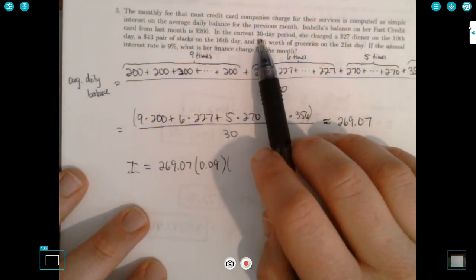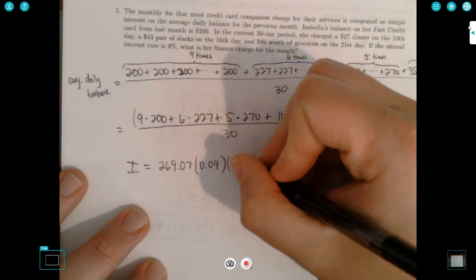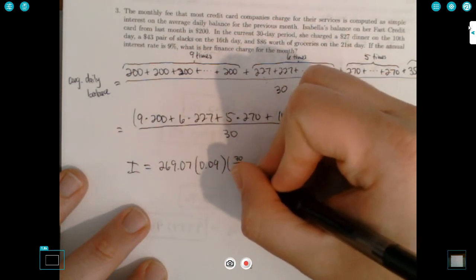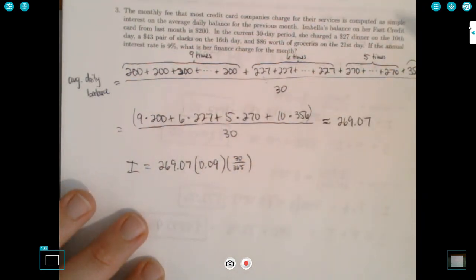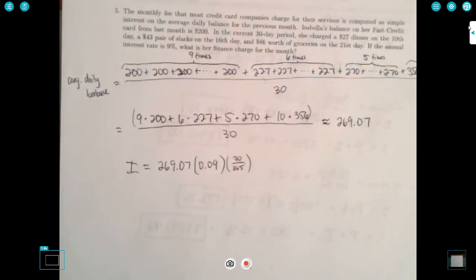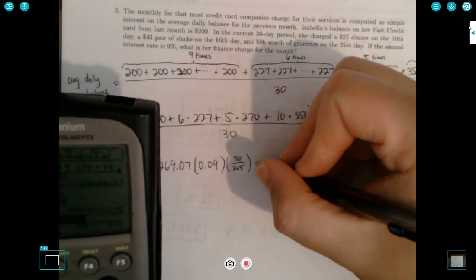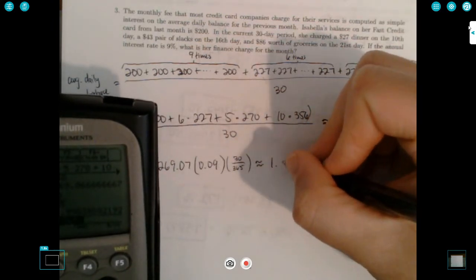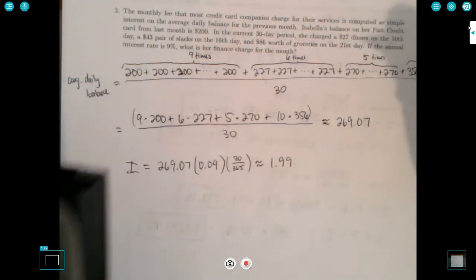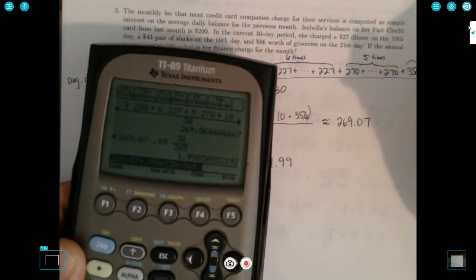So it's a 30-day period, that's 30 days out of 365 days in a year. I'm going to punch all that into my calculator. 269.07 times 0.09 times 30 out of 365 is about $1.99.